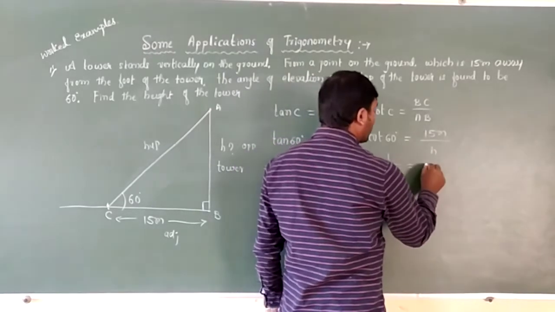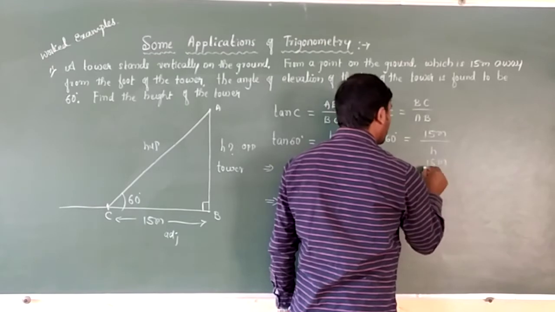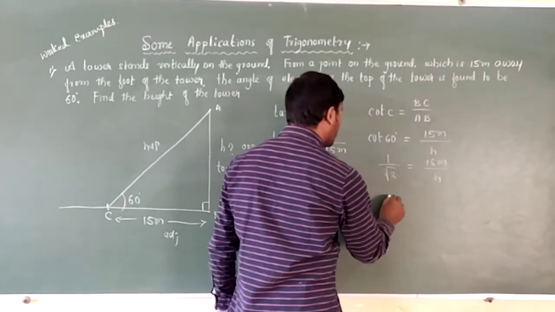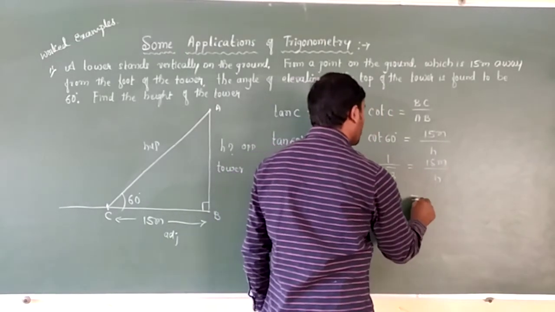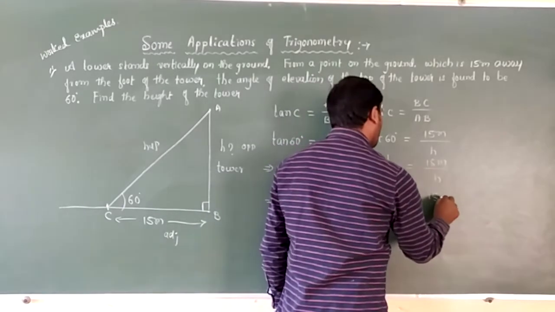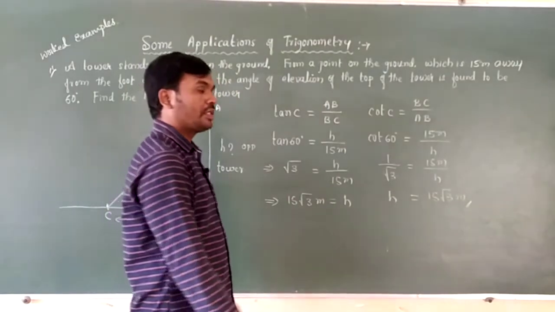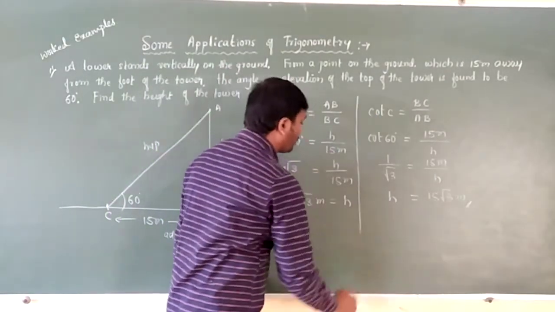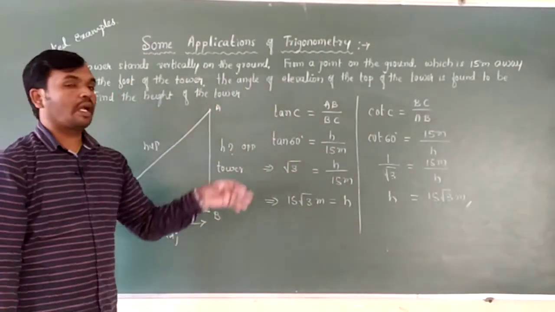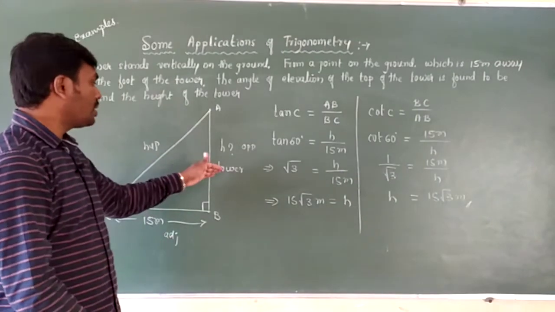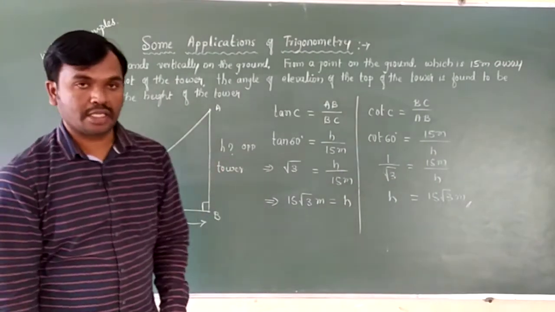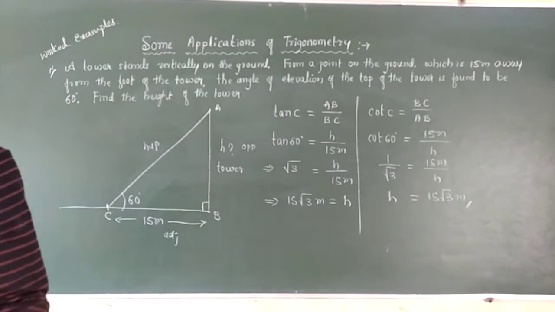Cot 60 is 1 by root 3. So 1 by root 3 equals 15 meter divided by h. Cross multiply, h into 1 is h, so this is equal to 15 root 3 meter. This is the height of the tower, children. This is how you can solve the problems using tan and cot, because we are using the relation between opposite and adjacent.